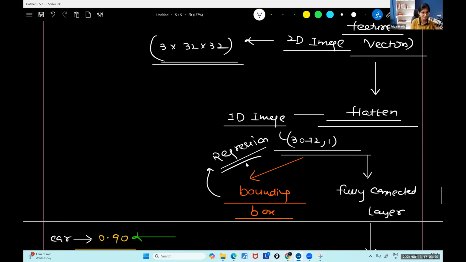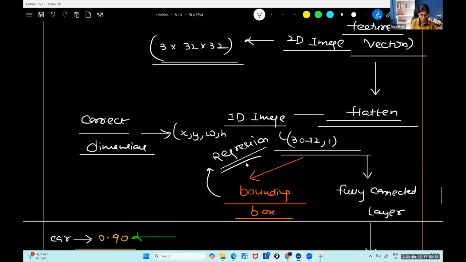We will be having the correct dimensions, the target dimensions, let's say X, Y, W, and H for a given image when we train our model.